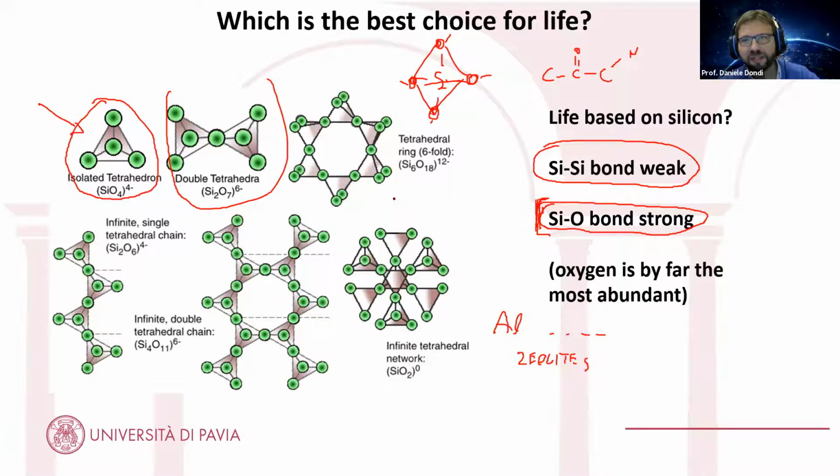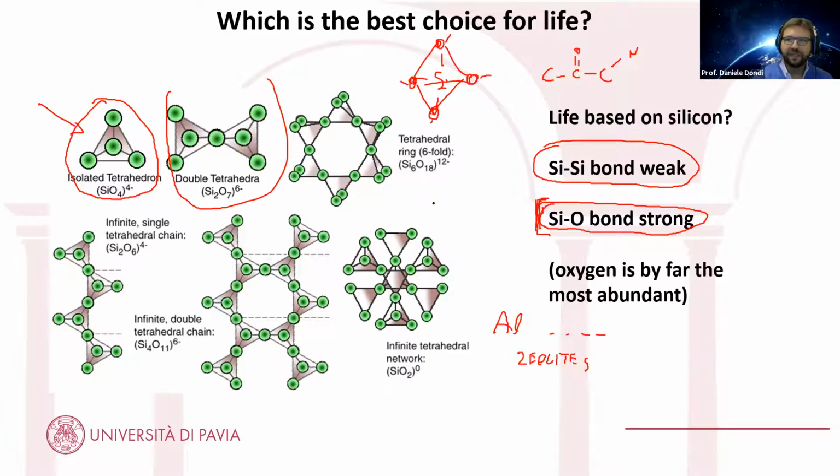So these silicates are maybe not the best choice for making the backbones of molecules that are available for life. Maybe they can act as a catalyst, they can act as a support, as we have already seen in the particle formation in space.